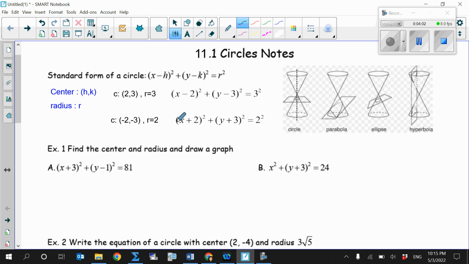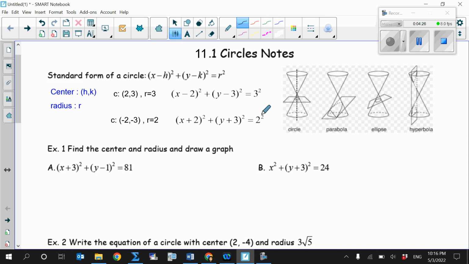H is -2, and so x minus -2 will be x plus 2. And the y value of the center, which is the k, is -3. So it's going to be y minus -3, and that will be y plus 3, because negative times negative is positive, to the power of 2.